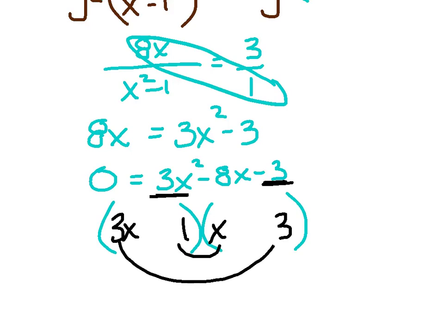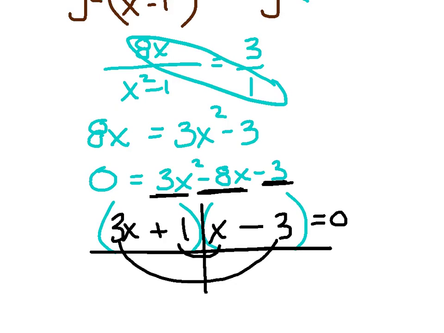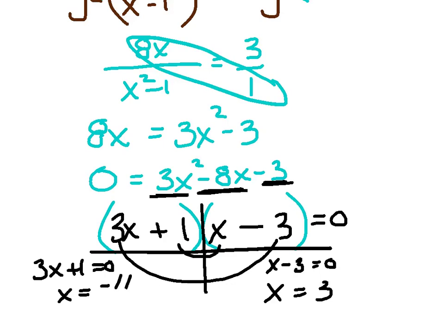That's an x. That's a 9. Together, I can get a negative 8 by making the 9 negative and the 1 positive. And as I go through and solve on this side, x minus 3 equals 0, so x equals 3. And I get my 3x plus 1 equals 0, so x equals negative 1/3.